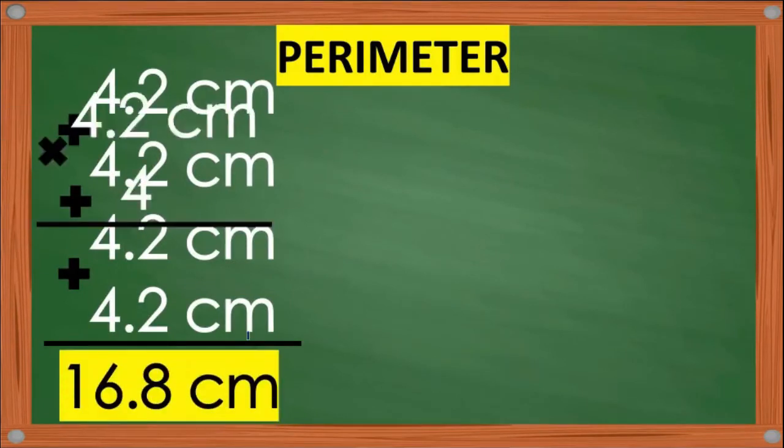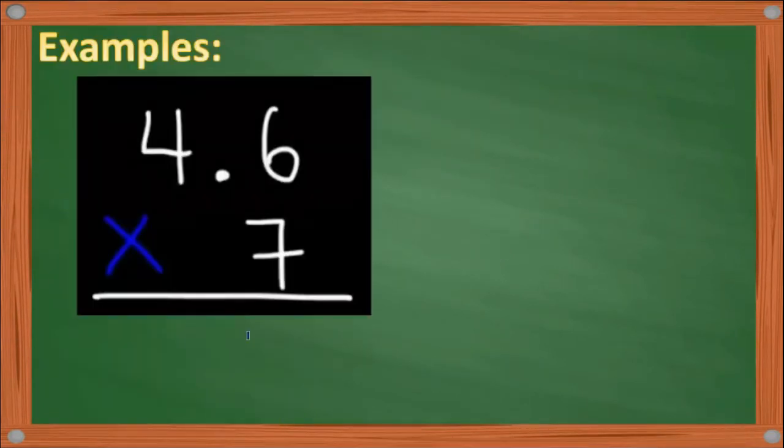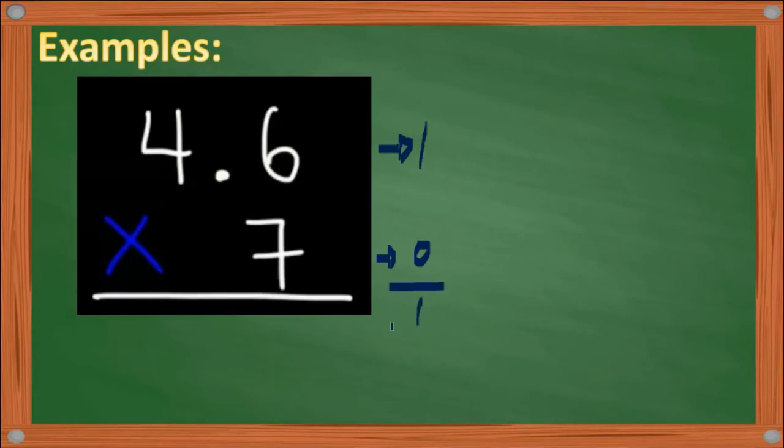How about this one? How many decimal places? Here, we have 1. Dito sa ating multiplier, 0. Add natin 1. So, you need to move the decimal point of your product from right to left once only. So, multiply natin. 7 times 6. That is 42.